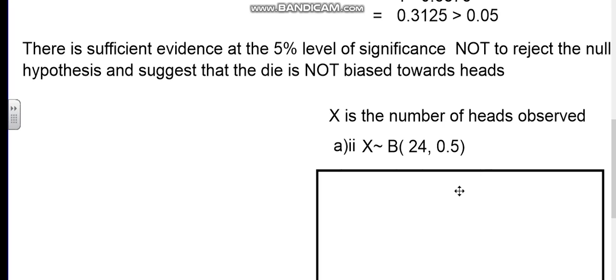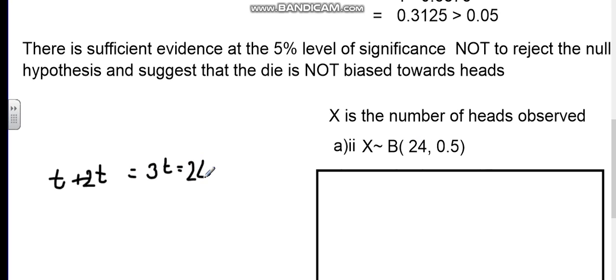We need to work out the observed value. So more than twice as many heads as tails. Well, let's have a think about if I had exactly twice as many heads as tails. So let's say I had T tails, I would have 2T heads. So my total number of tosses would be T plus 2T, which is 3T, and that has to equal 24 in this case.